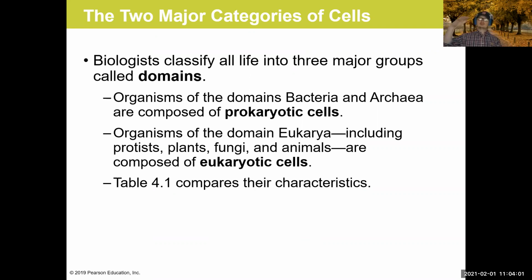Then you have kingdoms, classes, orders, phyla, genera, and species, and we'll learn about that when we talk about evolution in more detail. These 3 overarching domains categorize all of life, and 2 of those domains are single-celled organisms, bacteria and archaea. Those are our prokaryotic cells.